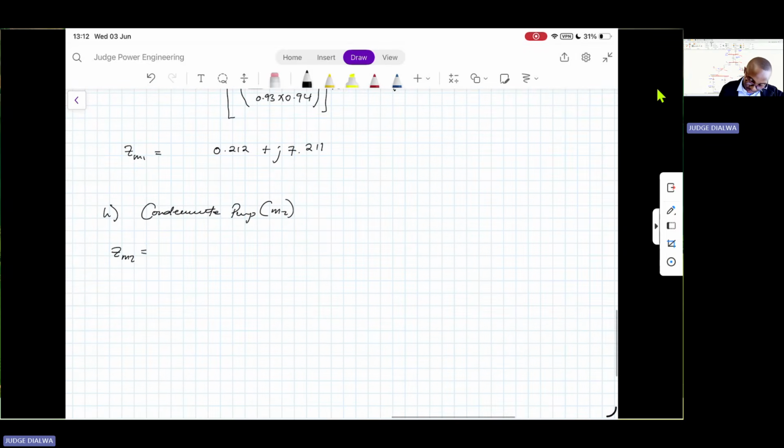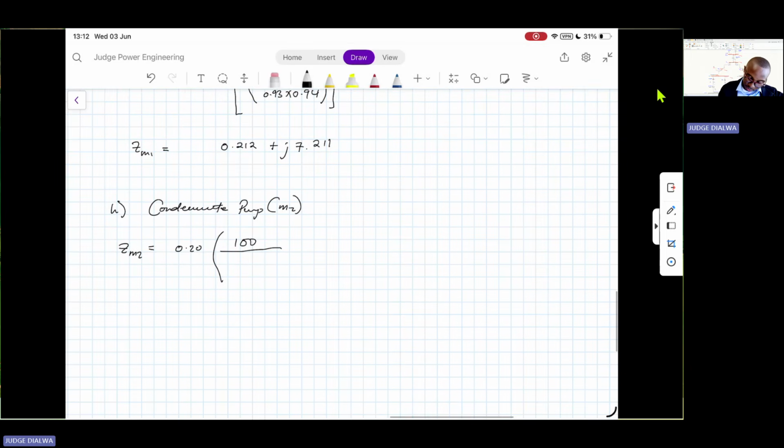So with all that data, we have 0.20, multiplied by the new MVA base divided by, again, remember the formula for computing our MVA given the kilowatt rating, efficiency and power factor. Since we have 500 kilowatts, that will be 0.5 divided by the efficiency multiplied by the power factor, so 0.92 times 0.93.